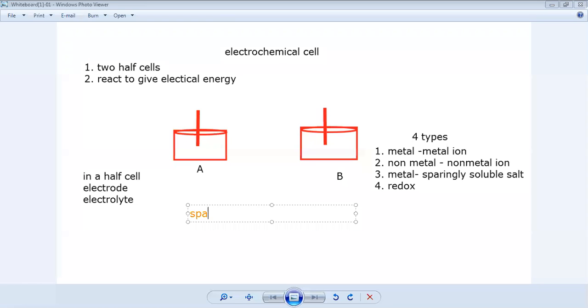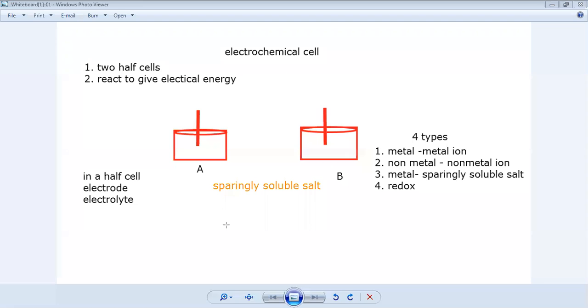Now, sparingly soluble salt. This is most important for this part.